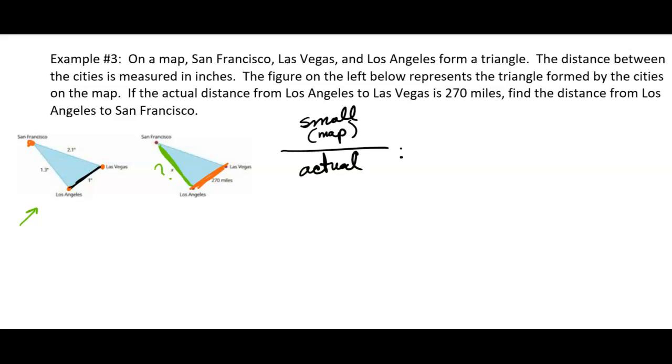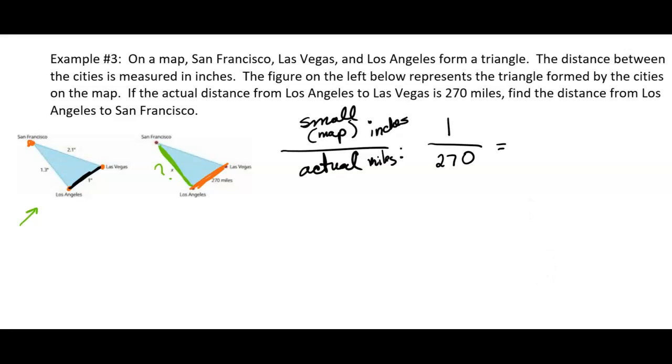So the side from Los Angeles to Las Vegas is 1 inch, right? Sometimes it helps to put the units up here, so we're measuring in inches up here and miles down here, okay? So 1 inch is to the 270 miles.